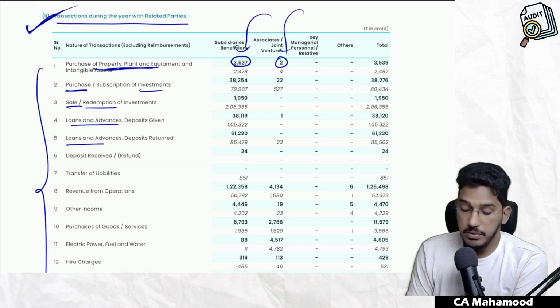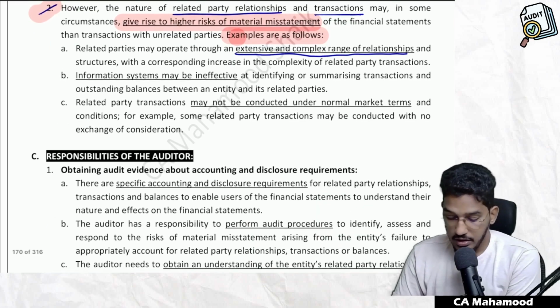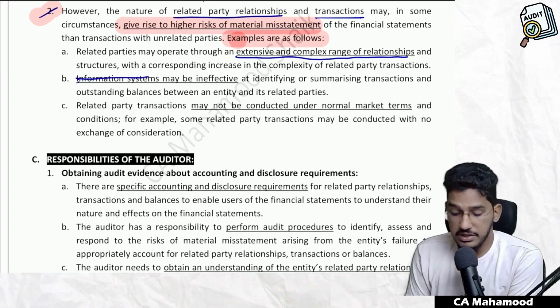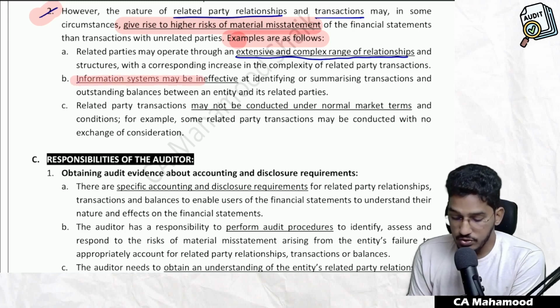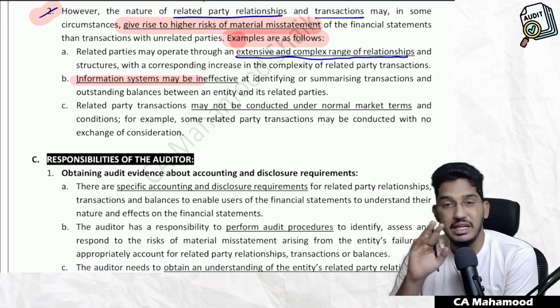Sometimes the risk of related party transactions is much higher, as they are saying in the material. The risk of material misstatement will be higher when the information systems, that is the accounting software used to identify or summarize the transactions with related parties, are ineffective.